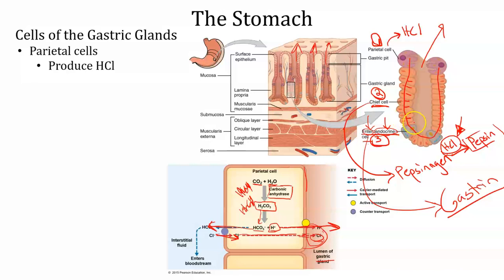And when these cells are stretched because food has just entered the stomach, or if these cells are given a stimulus from the vagus nerve, let's say, they will release gastrin, and that will cause the muscles of the muscularis externa to start contracting and churning. The gastrin will also be a signal for the parietal cells to start secreting acid.